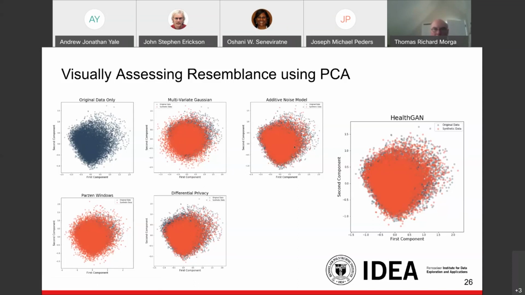The additive noise model, which was the random forest based model, fits the data pretty well. With differential privacy, you can actually see almost where the quasi-identifiers get cut off in this upper left. The PAR and windows looks relatively similar to the multivariate Gaussian, with a little bit extending too far. And then the HealthGAN looks very similar to the additive noise and, ideally, similar to the original data.